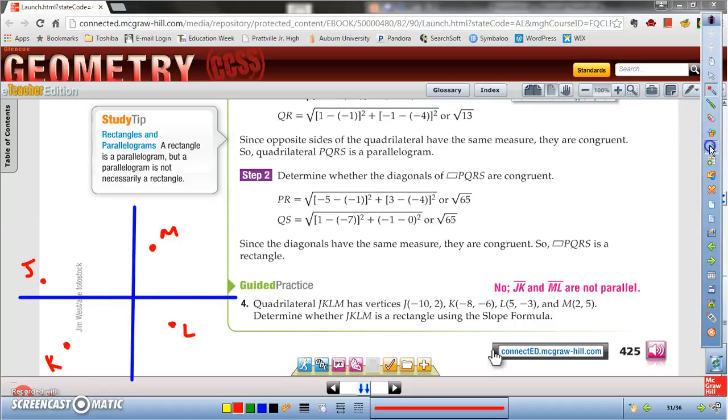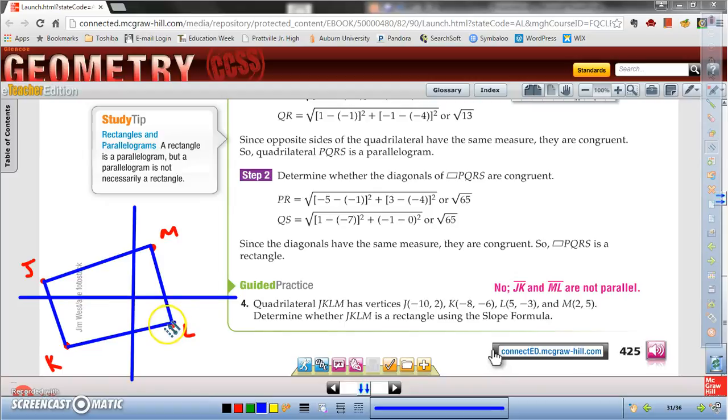And I'm not really worried about, does this look like a rectangle? Does this look like a parallelogram? Not really concerned with what it looks like at all, because I just sketched it out. What I want to do is just get a good visual of which vertices are where and how they relate to the other vertices, so I know what to measure to get my side length versus what to measure to get my diagonal.